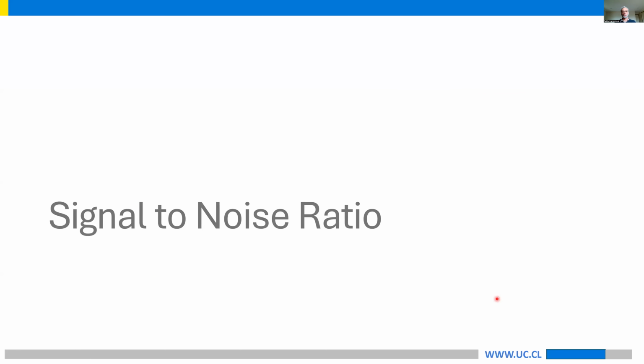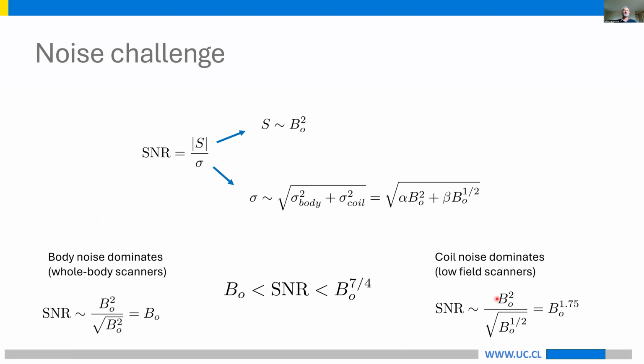So let's start with signal-to-noise ratio. You are probably aware of this. The signal that comes from the body is approximately proportional to the square of the main field. On the other side, the noise, the standard deviation of the noise, is proportional to the square root of the variance of the noise coming from the body plus the noise coming from the coils.